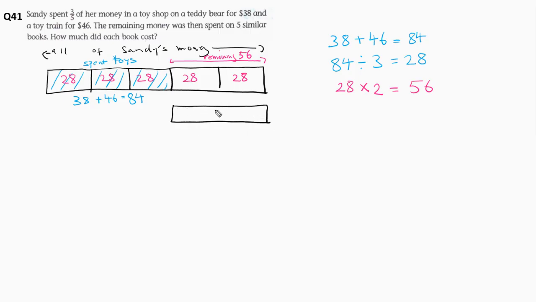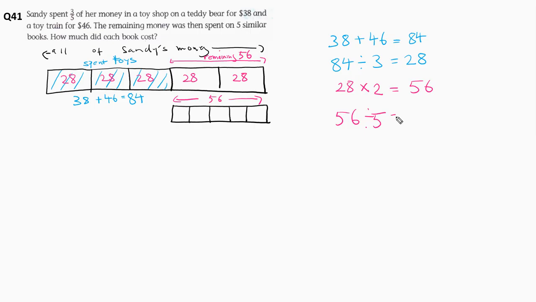So this is the money we're going to spend on books, and we're going to split this into 5 equal parts, 1, 2, 3, 4, 5, to represent the 5 books that all cost the same amount. And if this bar is 56, I've just redrawn it here. This is also 56. So hopefully it becomes even more obvious that we've got to do 56 divided by 5.